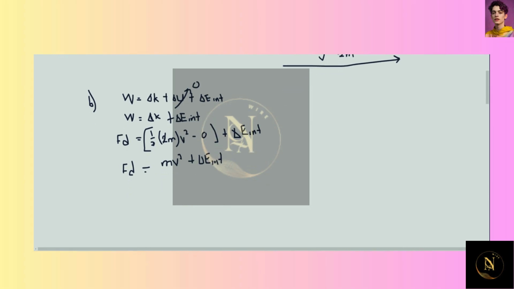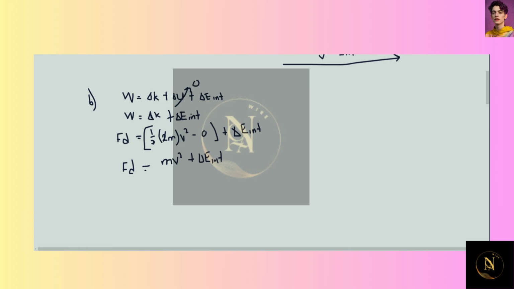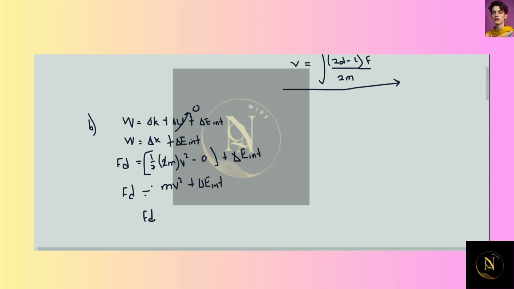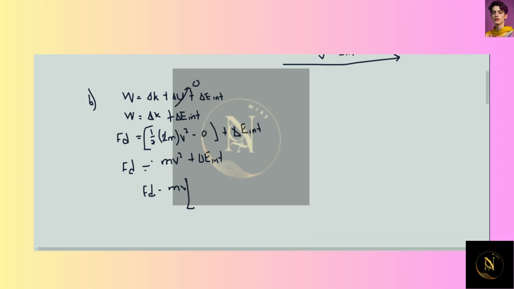So now we can go ahead and simplify this further. We know that Fd minus mv squared is going to be equal to the change in internal energy. Now we can plug in all the things that we are actually given in the problem.